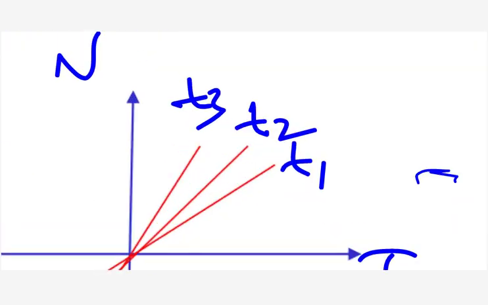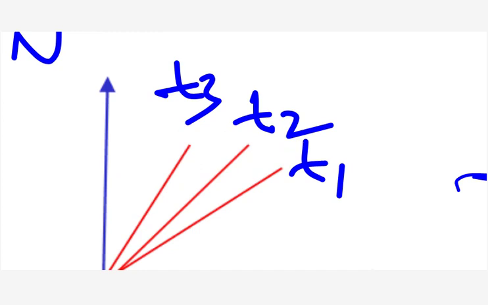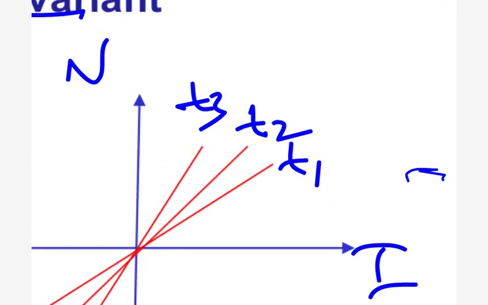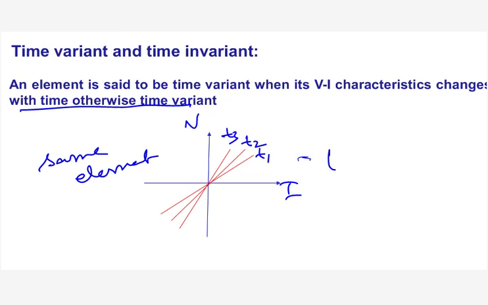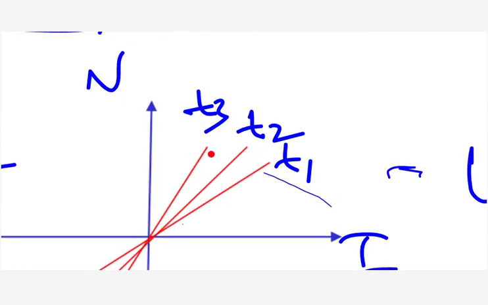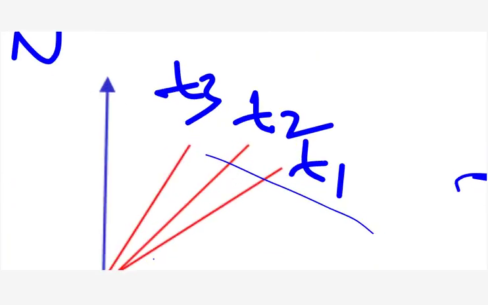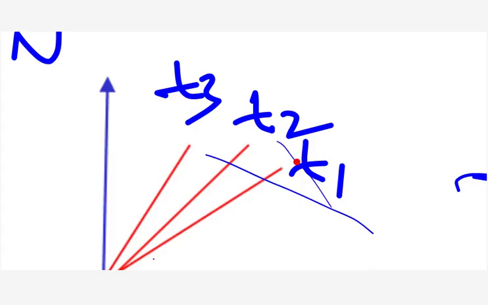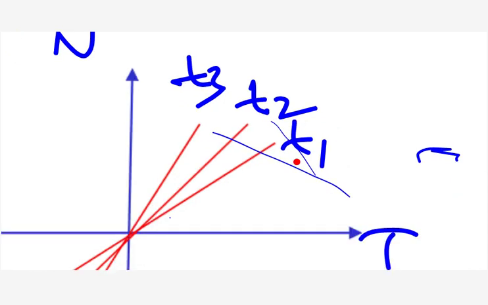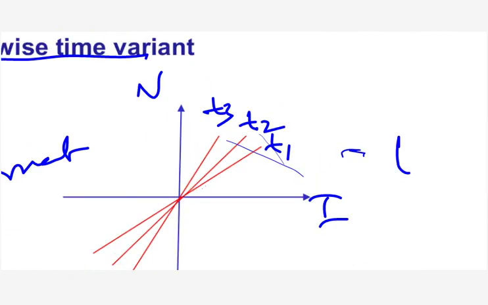Sorry, it's getting zoomed in. So it is called time variant.